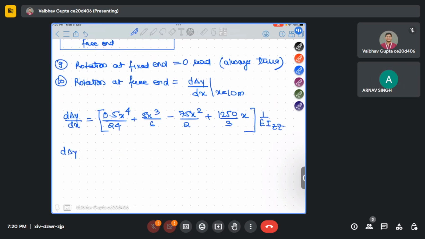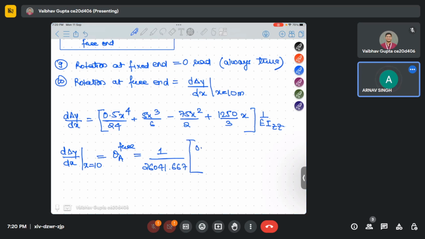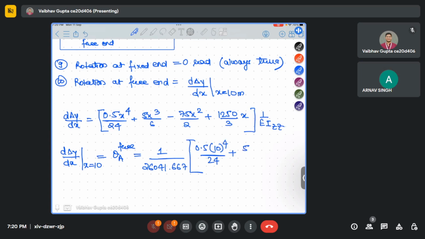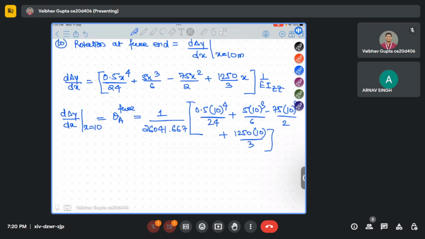So d delta y by dx at x equal to 10, which will be equal to theta A free end, will be equal to 1 upon EIzz, which we just calculated as 2641.667, times 10⁴ by 24 plus 5 into 10³ by 6, and so on. After solving this, you will get theta at the free end to be 0.056 radian.